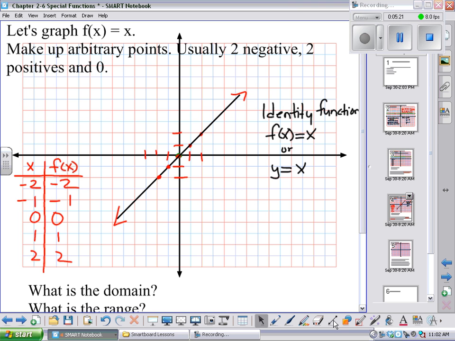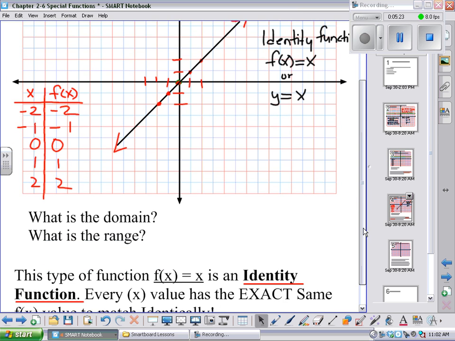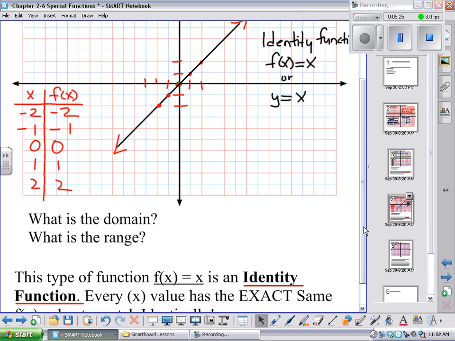Now let's examine the domain and range. What will be the domain of this function? As we read the graph from left to right, are there any numbers that x cannot be? No. So this would be all real numbers, or we can write it with our funny R. And the range, looking up and down, there's no numbers y cannot be, and so it would be the same as the domain.